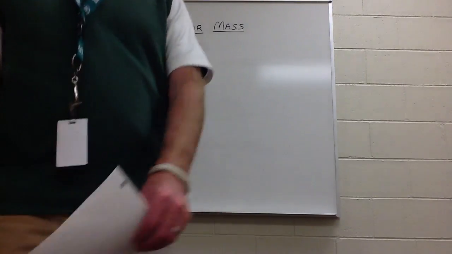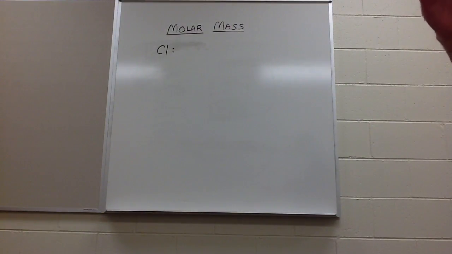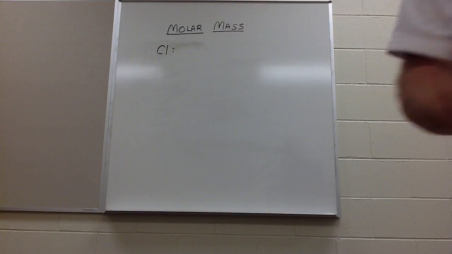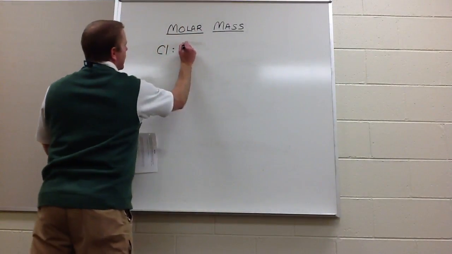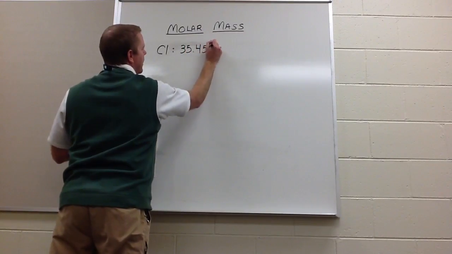Well, what you do is you go to the periodic table and you look up the molar mass of chlorine, and the number that you come up with, I think, is 35.4527.